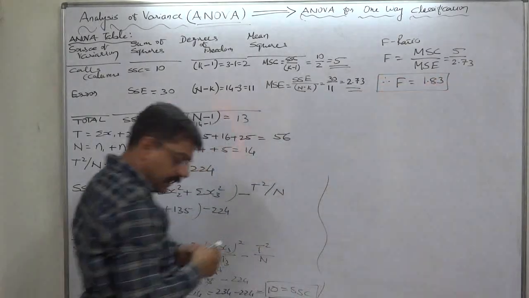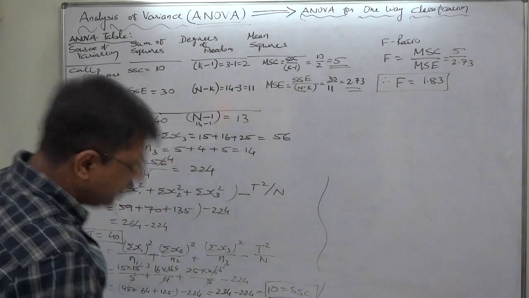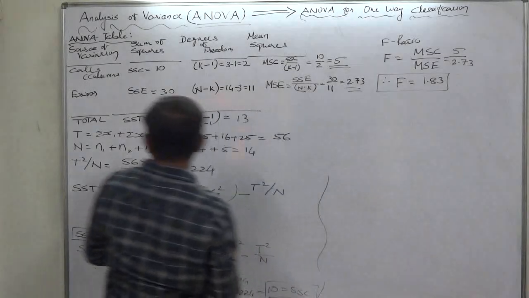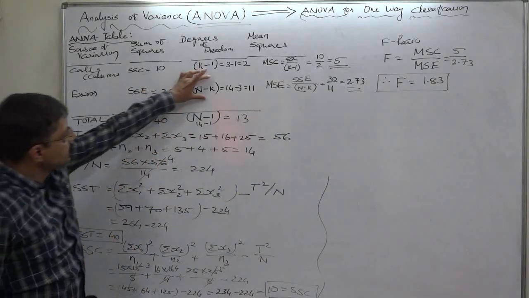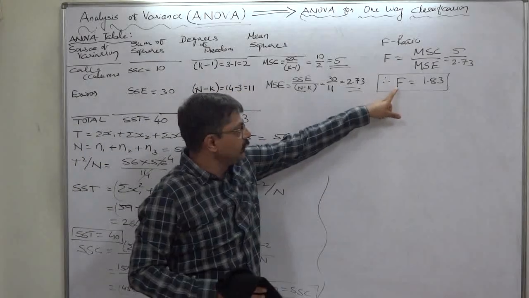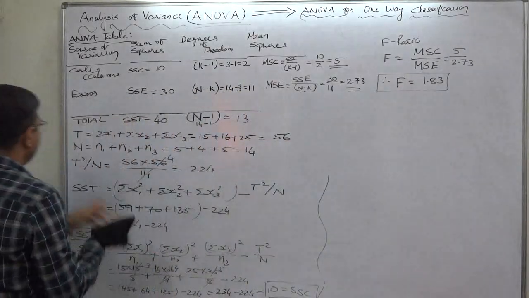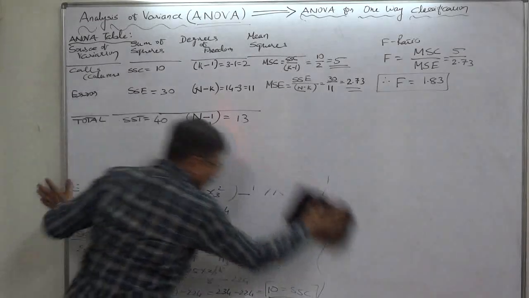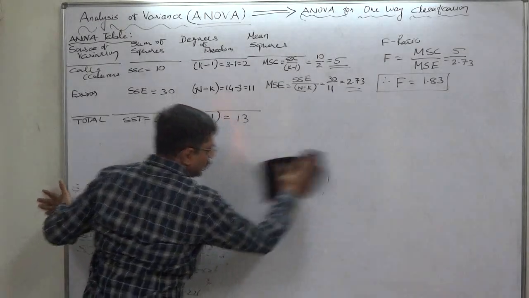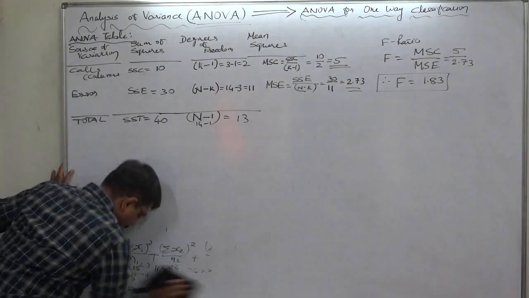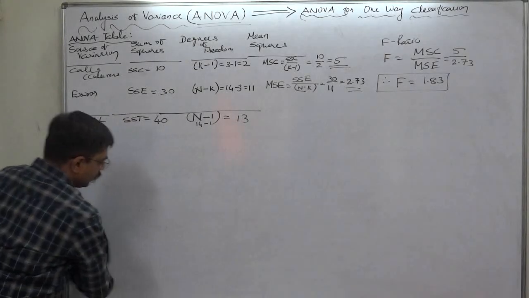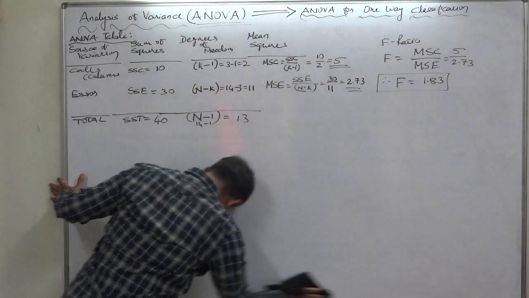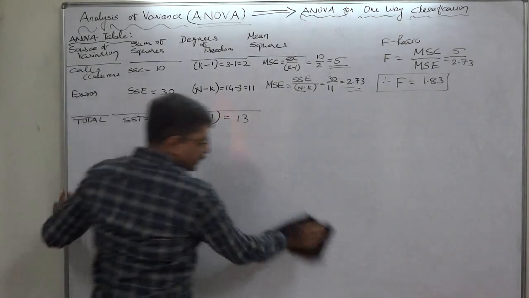So now we have two important things readily available from this ANOVA table, that is degrees of freedom and the calculated value of F. So now we can perform the testing of hypothesis, and that is for significance of difference between the mean sales of three salesmen representing their sales ability.